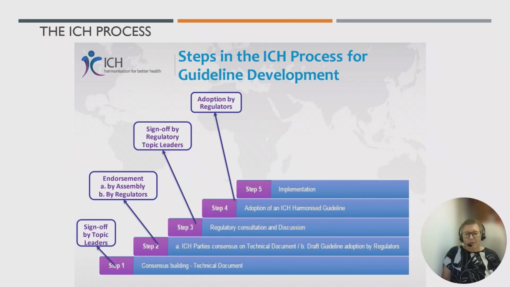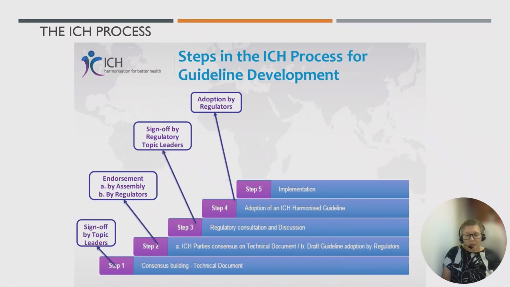After you've had the initial idea and the agreement of the ICH Management Committee that a new topic is going to be developed or a topic updated, then we need to create an informal working group. They will then pull together a concept paper to say actually what it is we want to write down in this guideline. This then gets signed off by the topic leaders, and we go into the creation of a draft guideline.